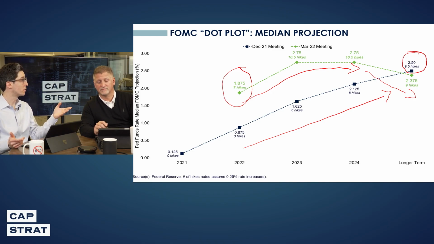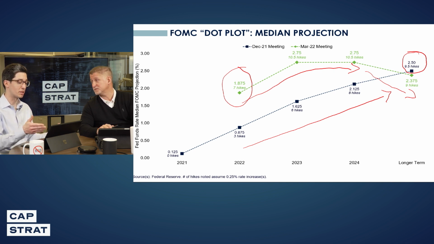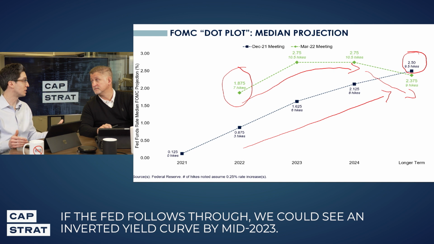The 3-month or the federal funds rate would be the highest interest rate across the curve, because the 30-year is already pricing this in. So if the Fed delivers in line with this, we wouldn't expect the 30-year to go up. In actuality, it probably has more potential to go down. So the whole curve would be inverted at that point. And let's remember, they're going to get this entire rate hike cycle done by mid to late 2023. So this is saying mid next year, we could be seeing a completely inverted yield curve if they go through with this.